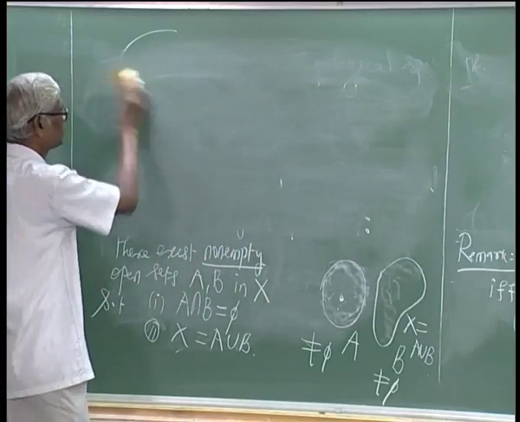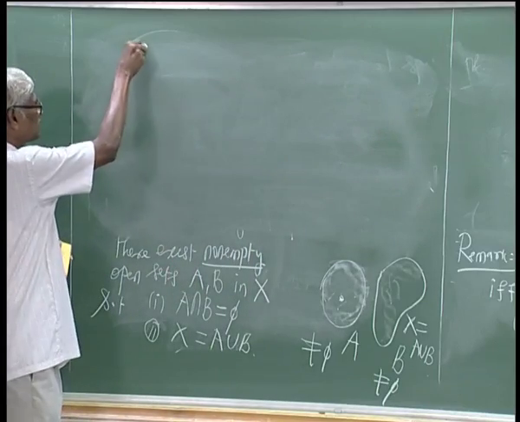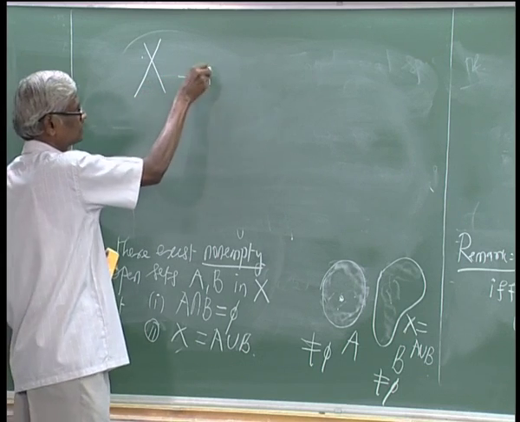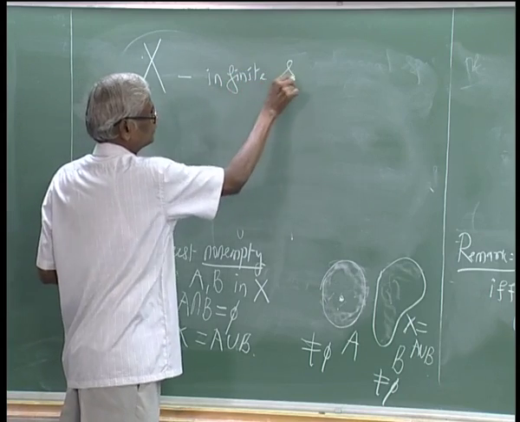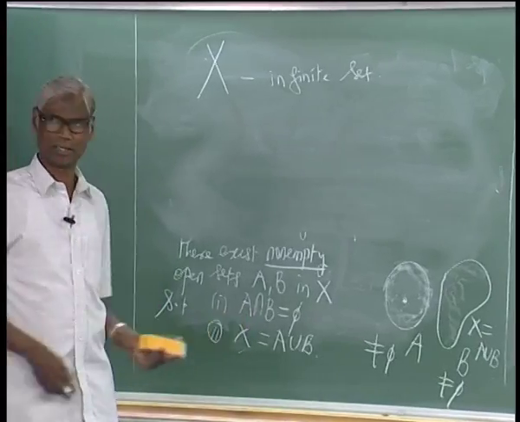Again we take X; let us assume that it is an infinite set. Geometrically it will not be that clear.